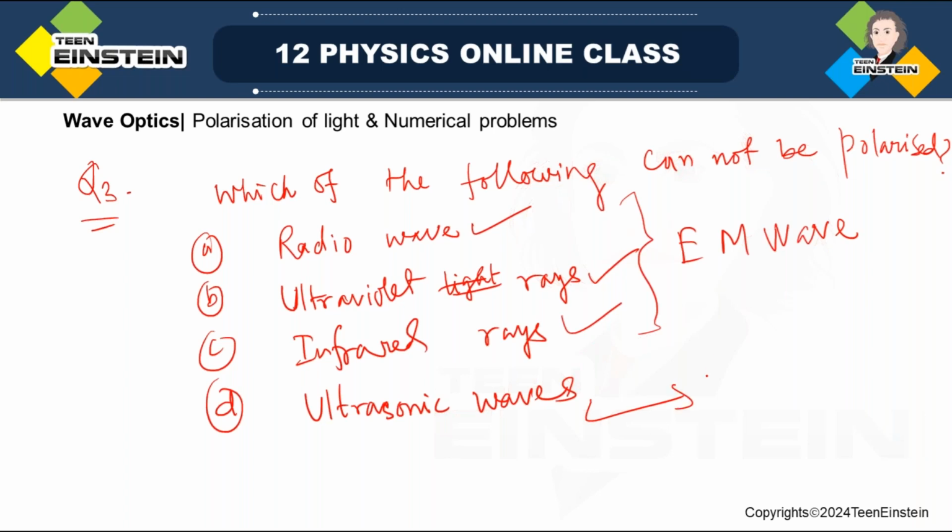Ultrasonic wave is a sound wave. So this cannot be polarized because it is not transverse in nature. Only transverse waves can be polarized. So this is the one which cannot be polarized.